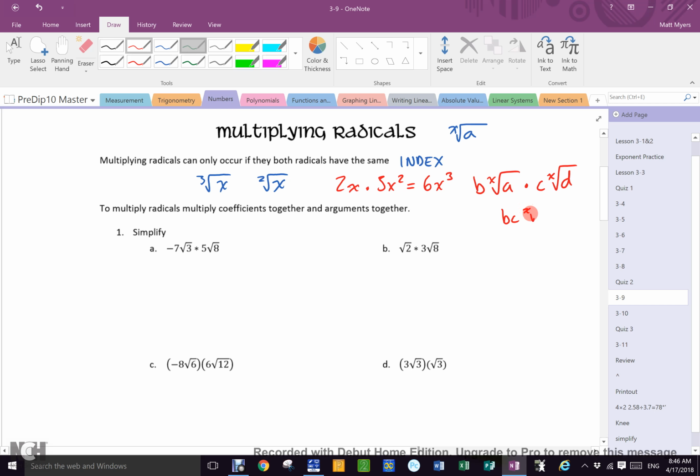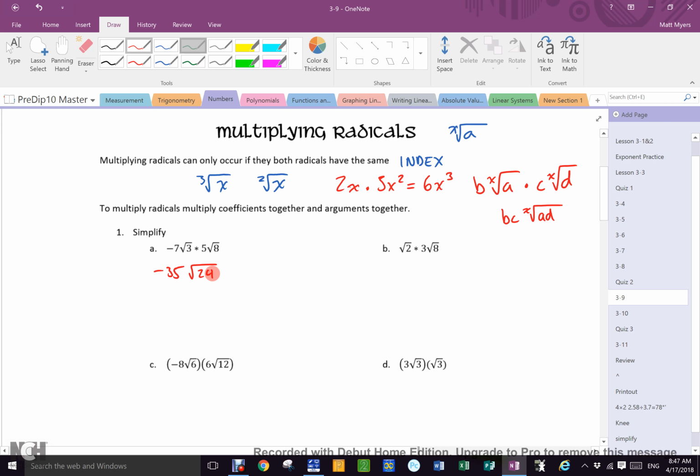BC x root AD. Does everybody understand? So we'll start with a nice easy one in the first one. What is the B and the C? 7 and 5. So multiply them. What's negative 7 times 5? Negative 35. What are the B and the C? I mean the A and the D. So that is root 24.